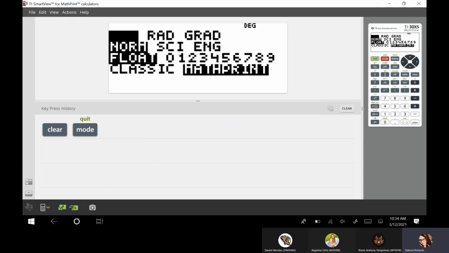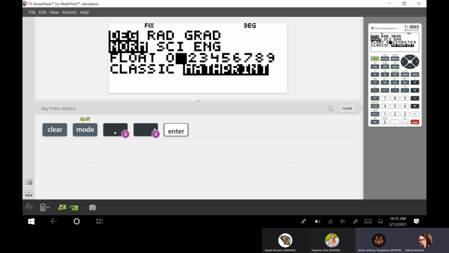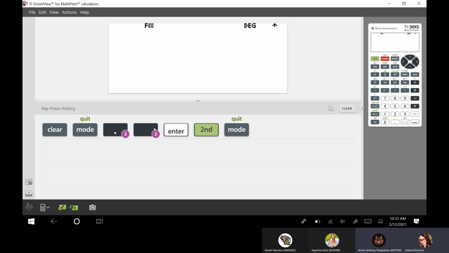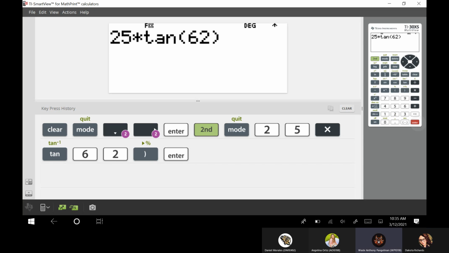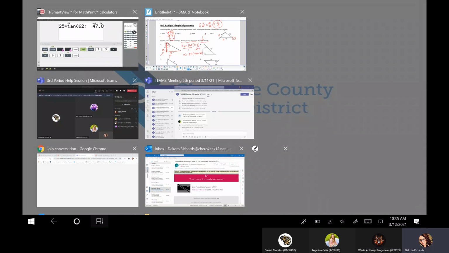Degree mode, great. I'm going to float to 1 decimal because it said to round to the nearest tenth. So we are going to do 25 times the tangent of 62. And that gives you 47. So that would be your answer.